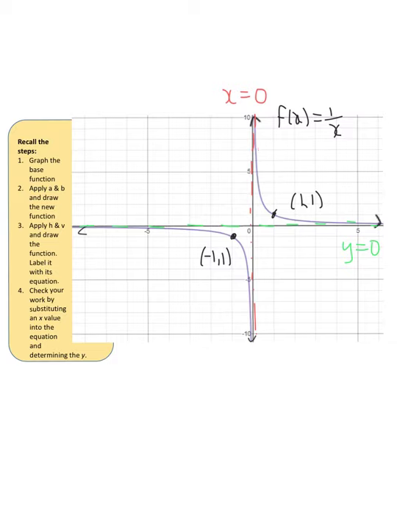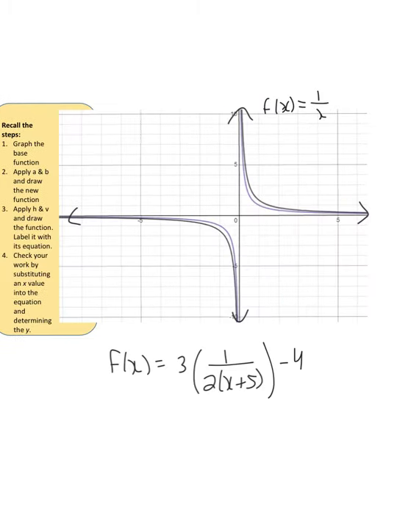Make sure that they do not cross or touch or bounce off the asymptotes. So step 2, we are going to apply the a value of 3 and the b value of 2. So we are going to apply that to the point 1, 1, and also the point negative 1, negative 1.